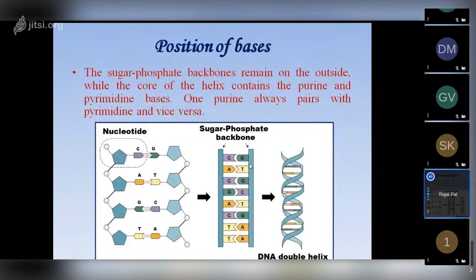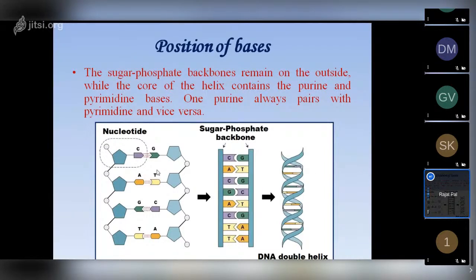Regarding the position of the bases, the bases protrude inside the sugar phosphate backbone chain. Why? Because if they cannot face each other, they cannot form the hydrogen bond. For that reason, they are present inside the helical structure, in between, to form hydrogen bonds with one another.